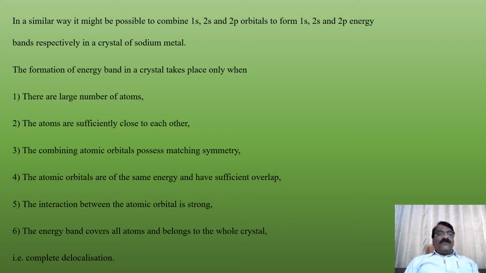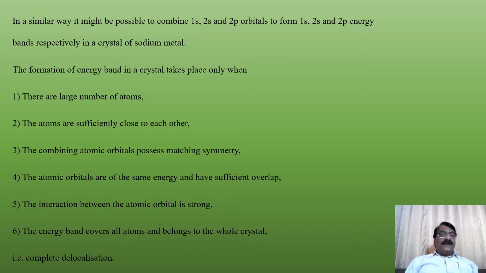The formation of energy band in a crystal takes place only when, first, there are a large number of atoms. Second, the atoms are sufficiently close to each other. Third, the combining atomic orbitals possess matching symmetry. Fourth, the atomic orbitals are of the same energy and have sufficient overlap.